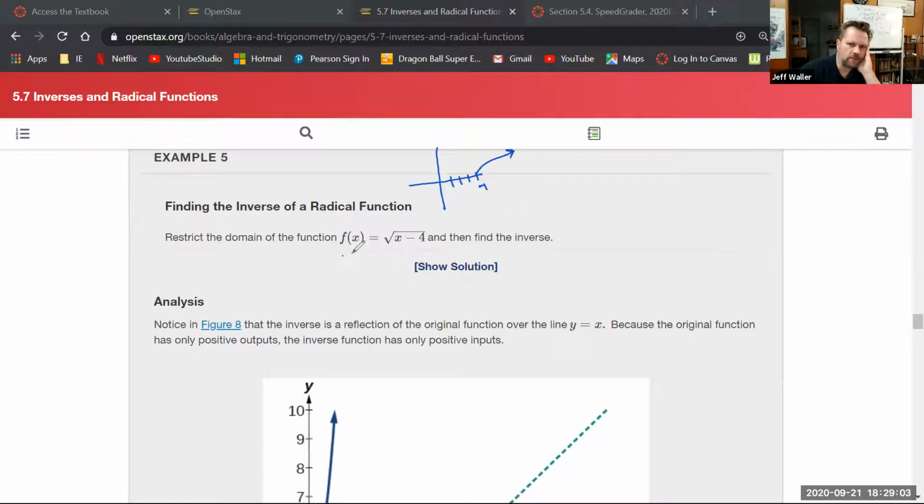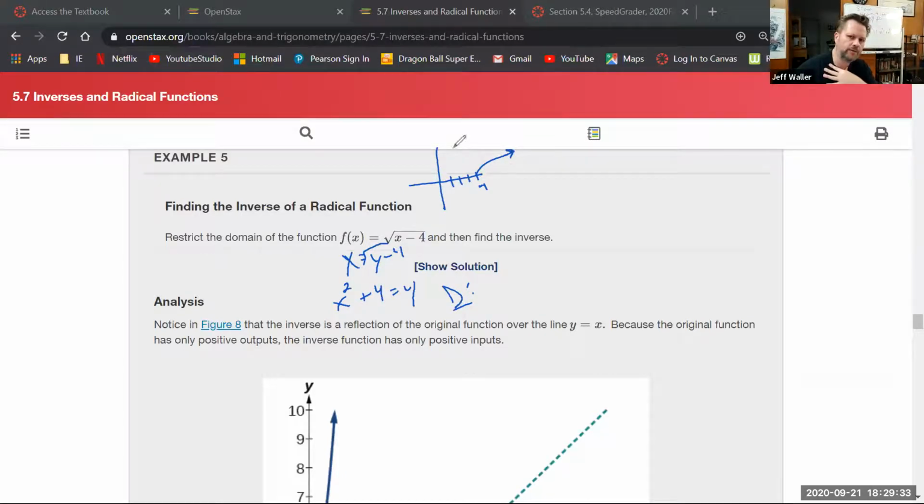So when I start to find this guy's inverse, let me just go ahead and do this. Square both sides, add the 4. I've got to restrict this guy's domain. But now let's see if you guys have learned this lesson now. This is going backwards from what we just did. Does everybody see the problem? I've got to restrict this guy's domain or else how can it be this guy's inverse when this guy has like 2 parts to him? Can't be.